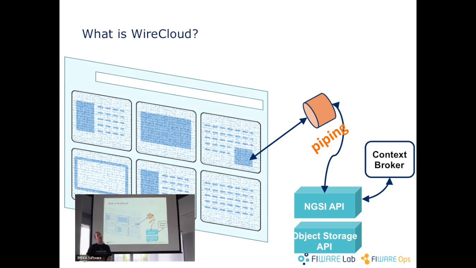NGSI is the standardized API for a context broker, and it's fully integrated with Orion Context Broker, so you have an easier to use JavaScript-based API accessible directly from the widgets to access Orion Context Broker, to subscribe to entities, to write new entities, modify the values, and so on. You have another API for object storage, so you can easily upload and download elements that are going to be stored in the object storage.